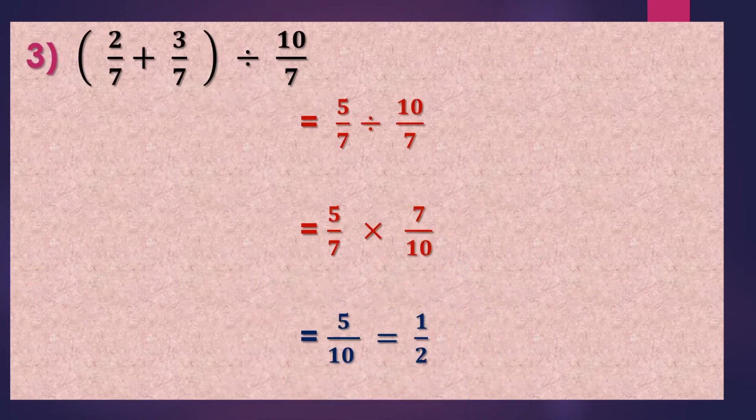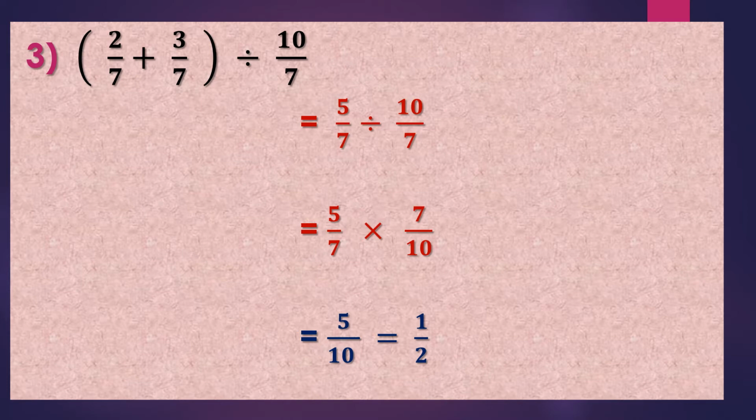Another example, 2/7 plus 3/7 inside the brackets, divided by 10/7. First, we must get the result of the operation inside the bracket: 2/7 plus 3/7 equals 5/7, then divided by 10/7.